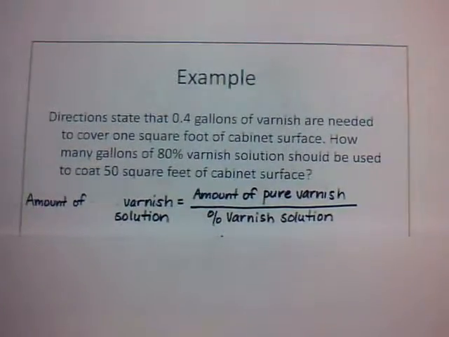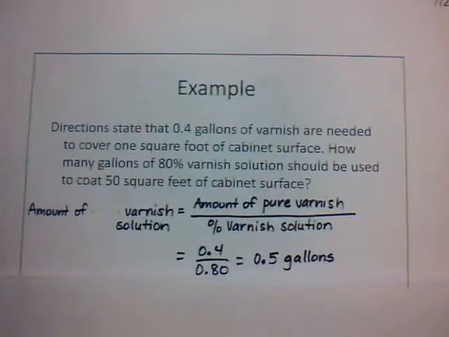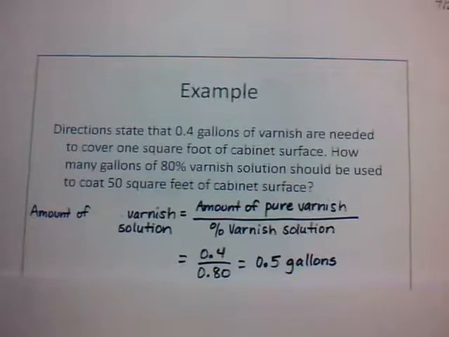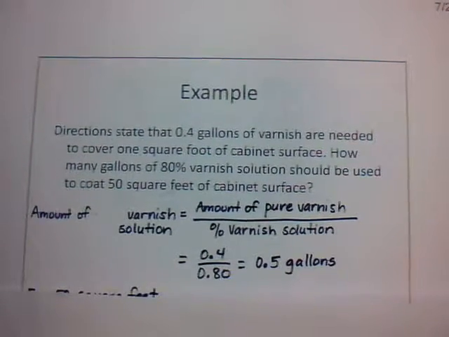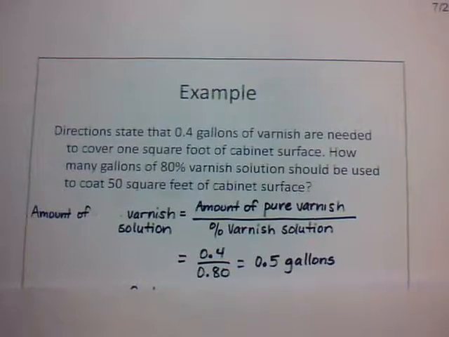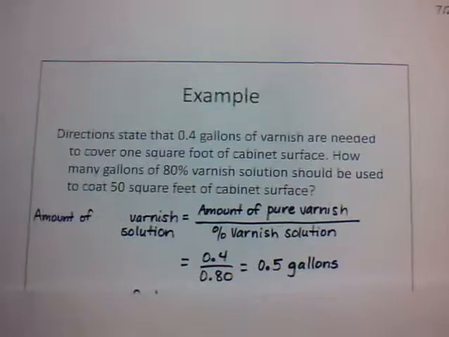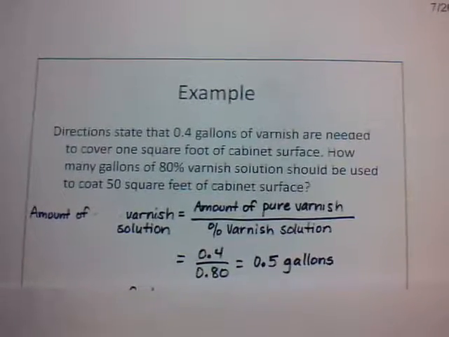The amount of pure varnish was 0.4. So it'll be 0.4 divided by 80% varnish solution, which will be 0.80 as a decimal. So 0.4 divided by 0.80 will be 0.5.